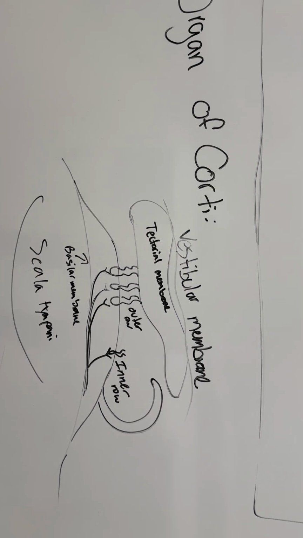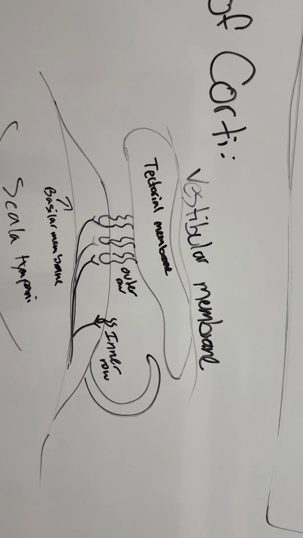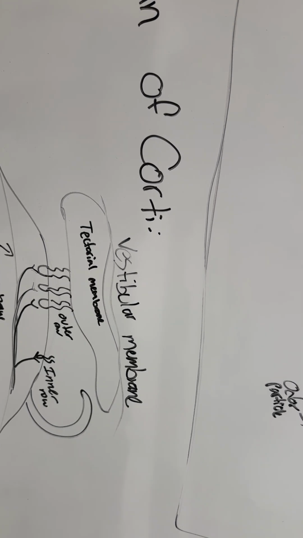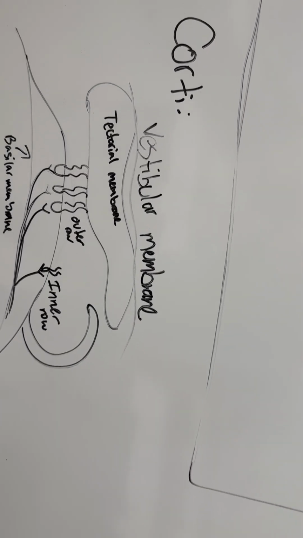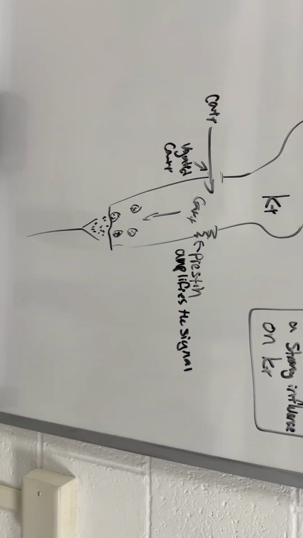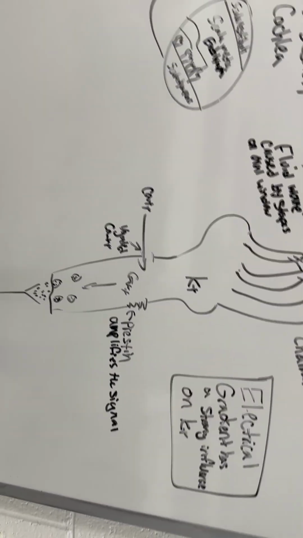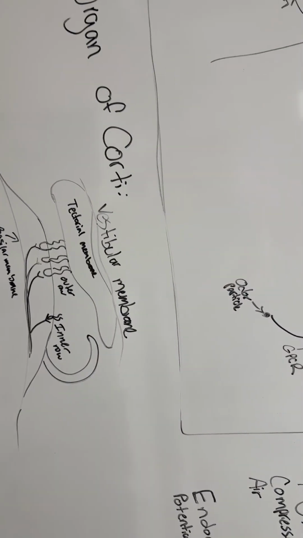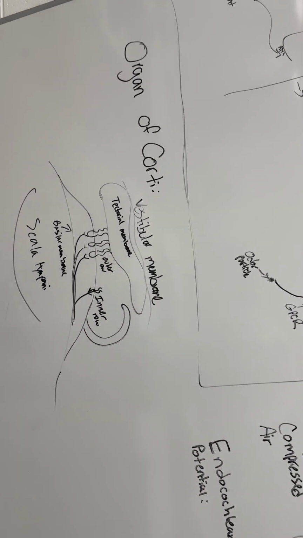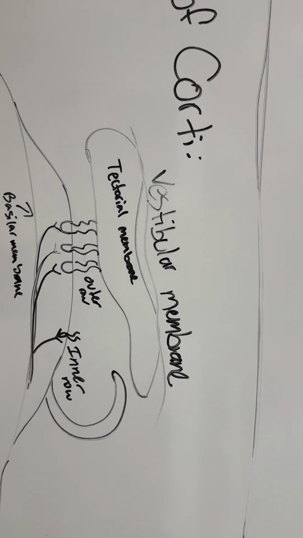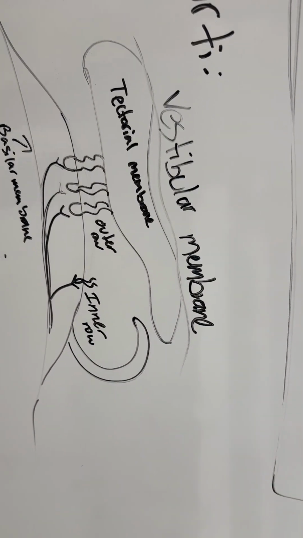So if we come back here to our organ of Corti, we see we have an outer row and an inner row of hair cells. So our outer rows are going to receive these vibrations, and we have a structure here on these hair cells called prestin, which basically pulls the basilar membrane up and this tectorial membrane down, which is just going to make our signal more sensitive. And that's going to create a wave from this outer row that travels to the inner row.